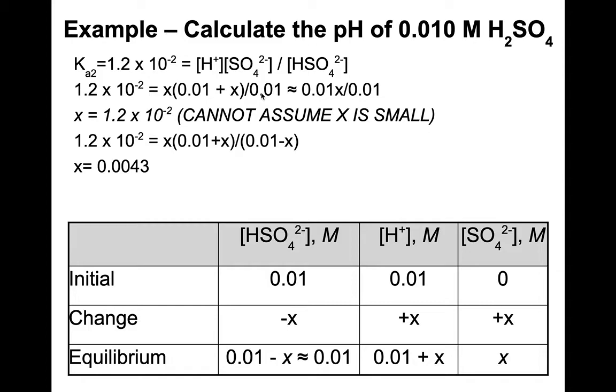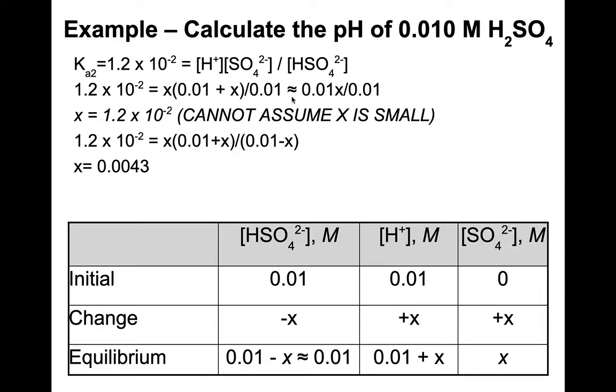And now we could also try to assume, again, if we assumed here that x was small compared to 0.01, we can assume the same thing here, that x is small compared to 0.01, that adding it to 0.01 won't make any real difference in rounding.